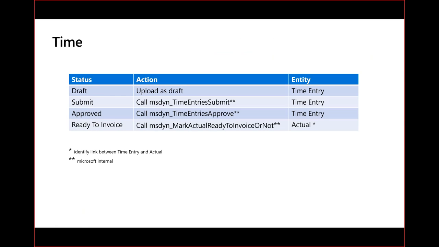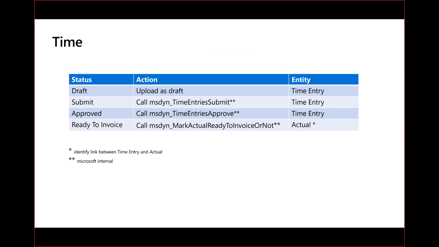For doing that, just bringing in the time, for instance, the time is brought in via the time entry. The first thing is we're going to upload it via our Azure Data Factory as draft. And then I'm going to call some actions. For instance, if you want to have them submitted, you can call time entry submit.